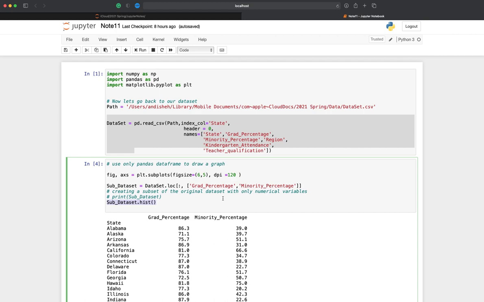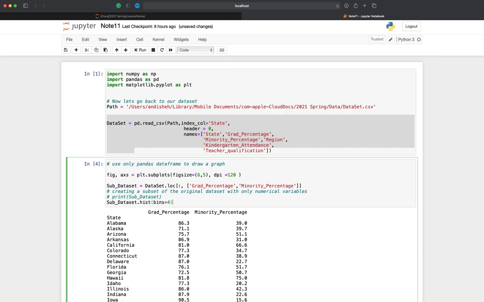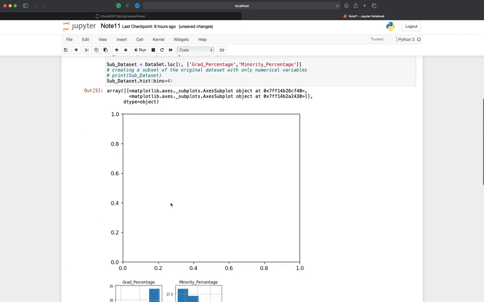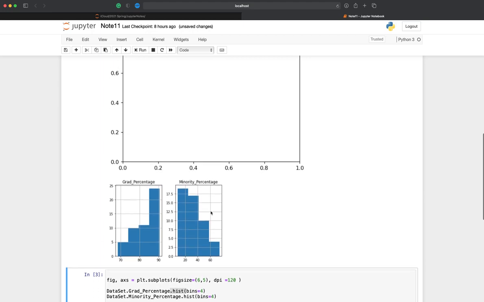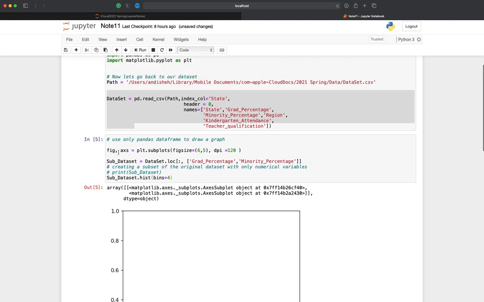And then it's going to be just histograms for those numerical variables. And I'm going to have an argument here, bins are 4. Okay, so I will have 2 histograms here. One is the minority percentage, another is graduate percentage.